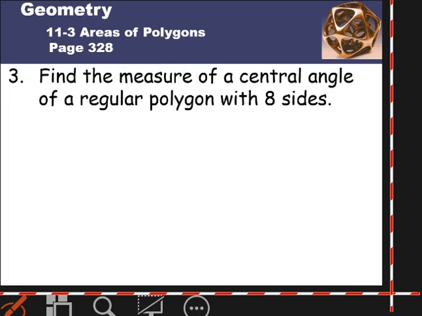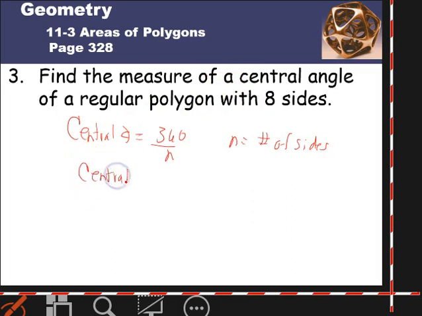Alright, for number 3, we want to find the measure of the central angle of a regular polygon that has 8 sides. So remember, the central angle formula is 360 divided by n, where n equals the number of sides. So I'm looking for the central angle.